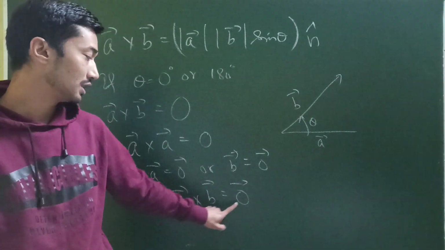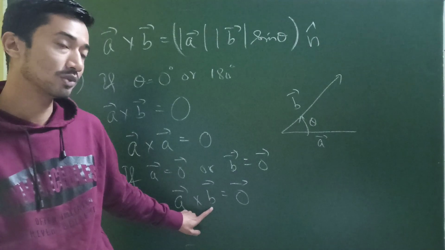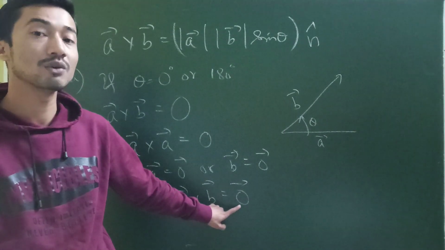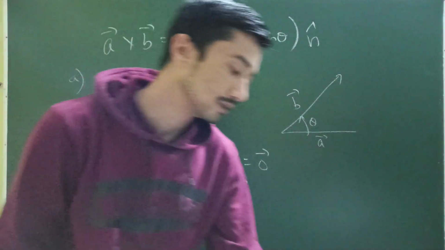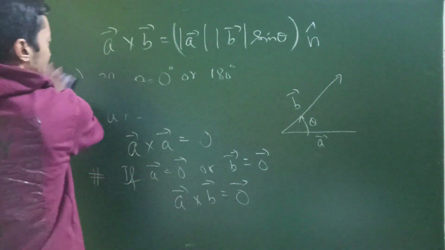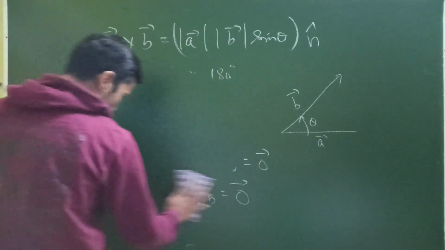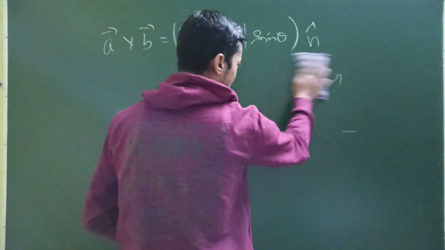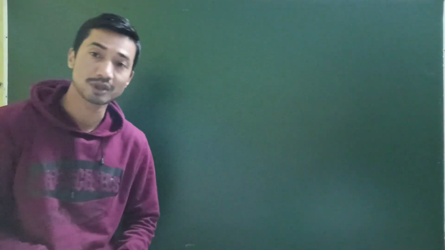But since the cross product will result in a vector, this will be a 0 vector. Alright, so that is what cross product is all about, and we will be emphasizing mostly the mathematical part in mathematics. The direction part I already have shared with you will be helpful when you do physics, especially in magnetism and all those topics.